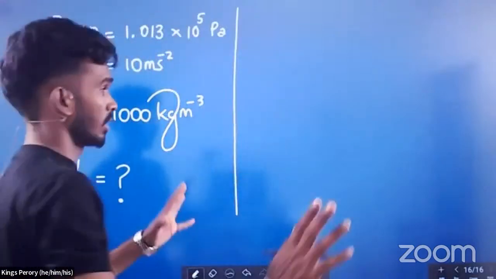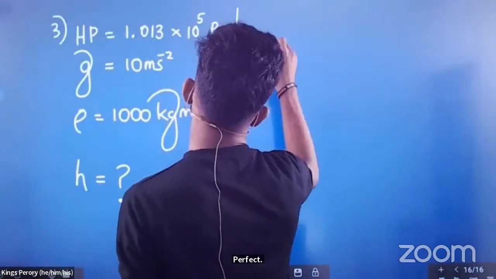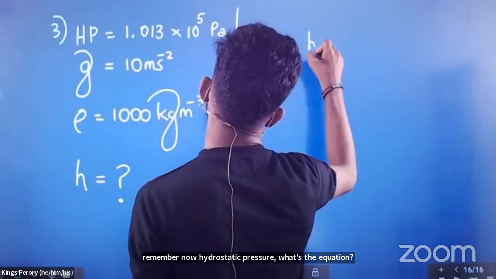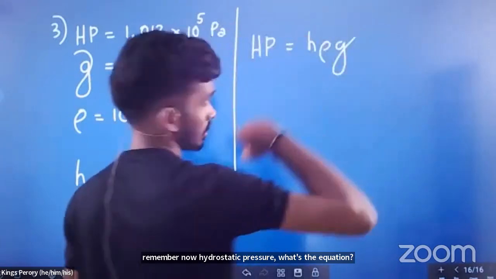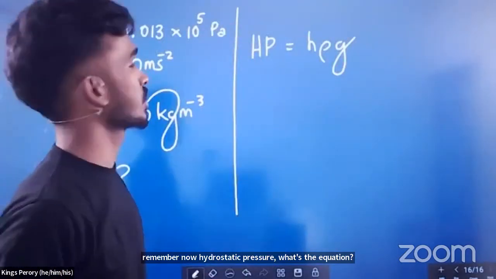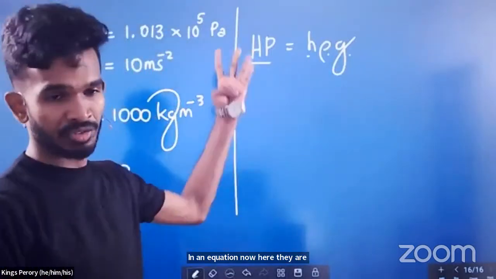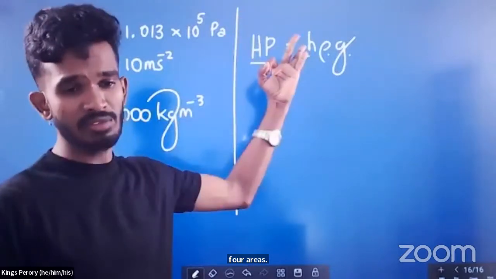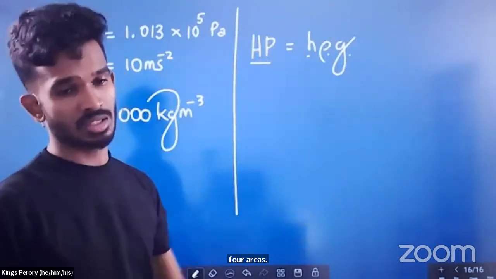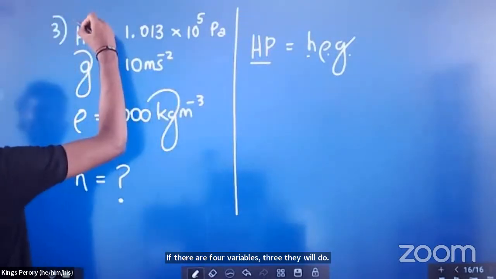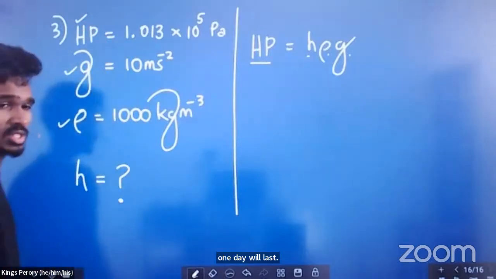Always remember the equation: hydrostatic pressure is h rho g. Here there are 4 variables. If there are 4 variables, 3 they will give, and 1 they will ask.